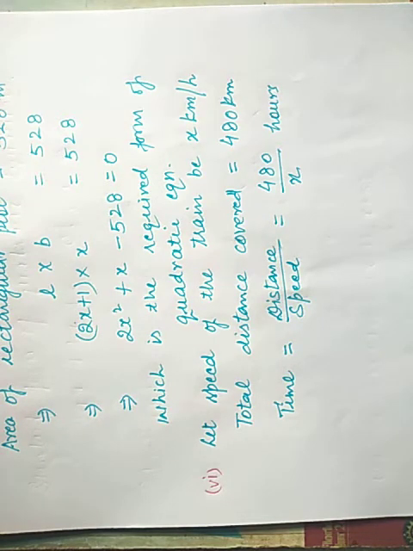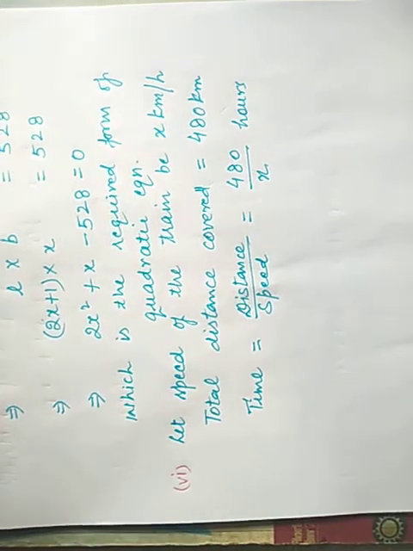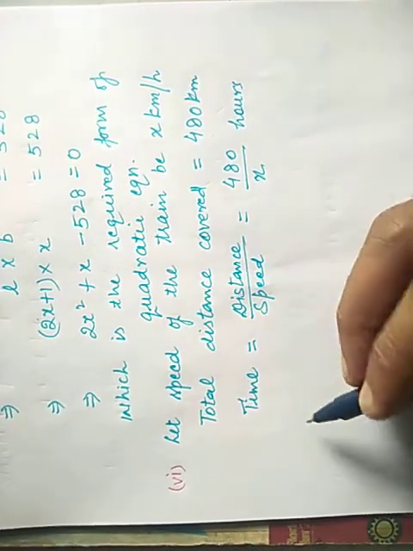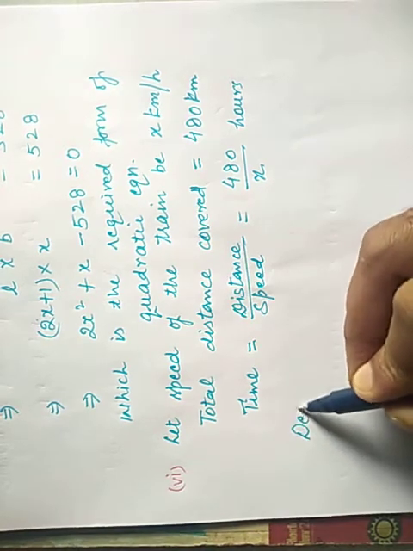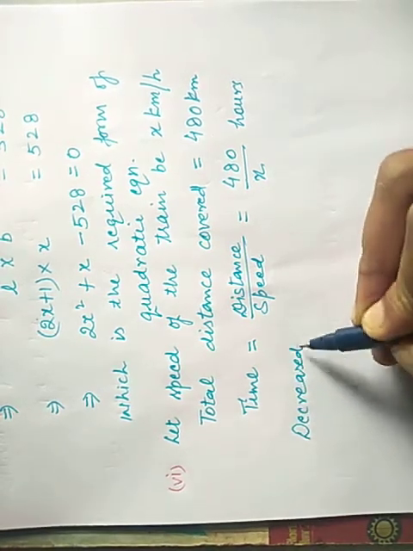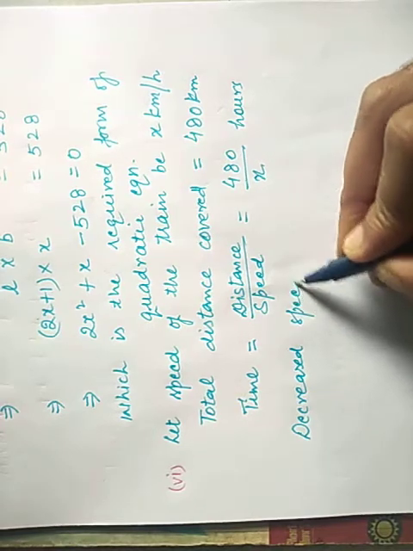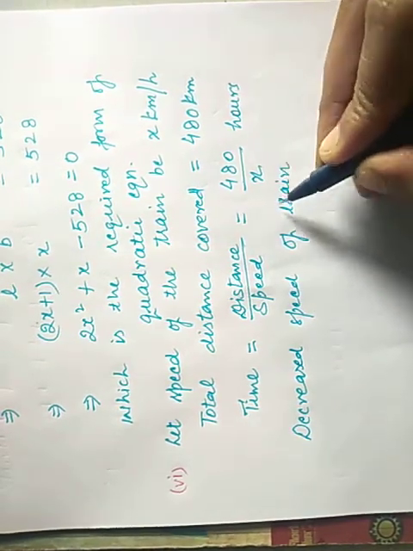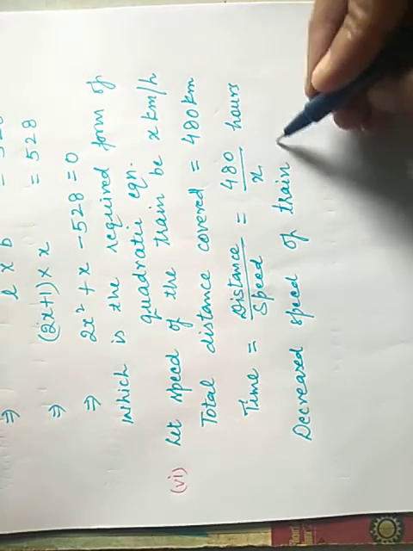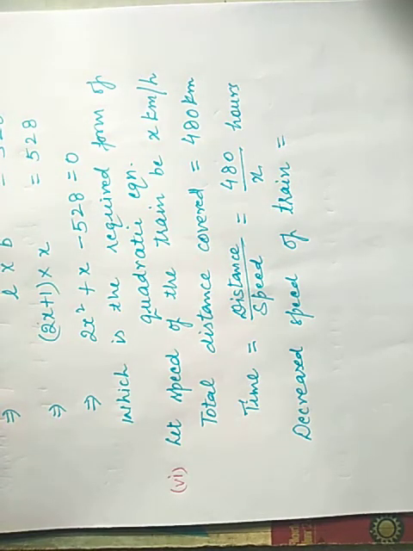Now decrease speed of the train. Decreased speed of train is equal to 8 km per hour less.